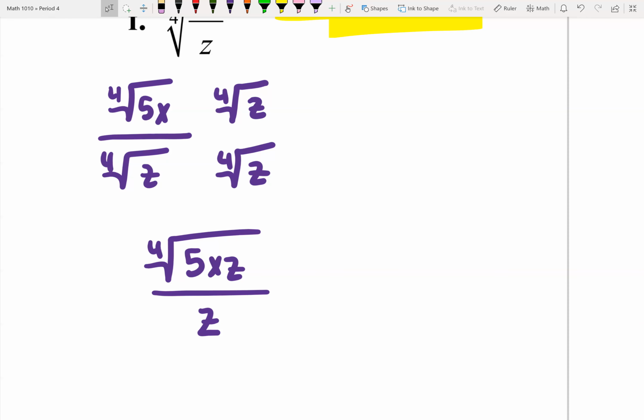So because the 5x over z is all under the 4th root, couldn't you just put it in parentheses, put it to the 4th power, and then give the answer, just simplify to 5x over z? No, and you know why? A lot of people do that. They'll do this.